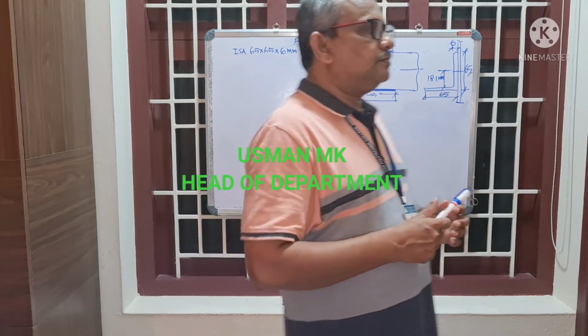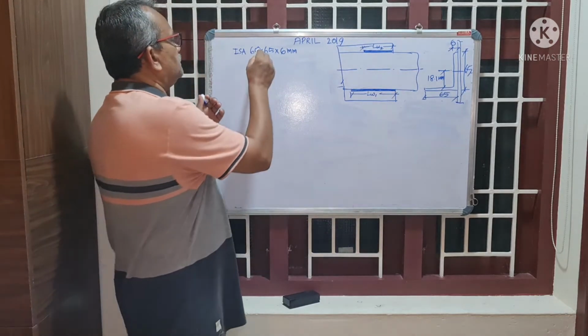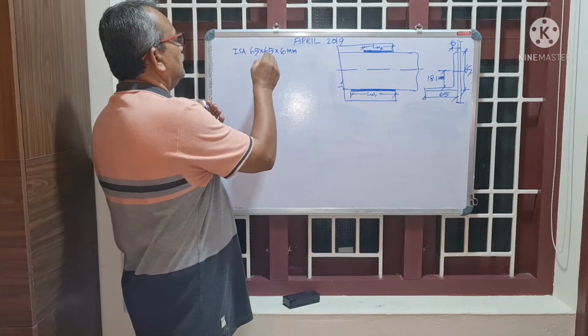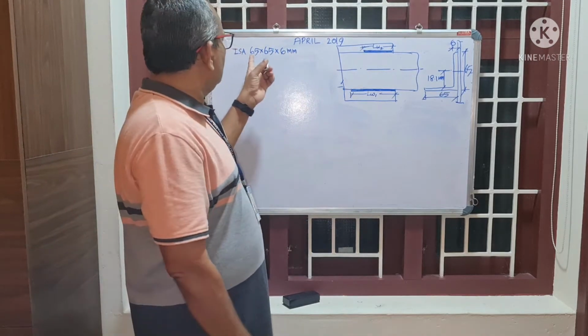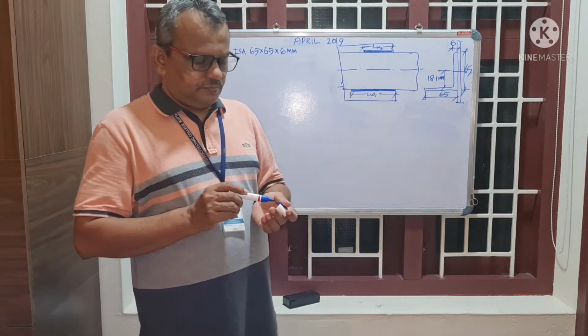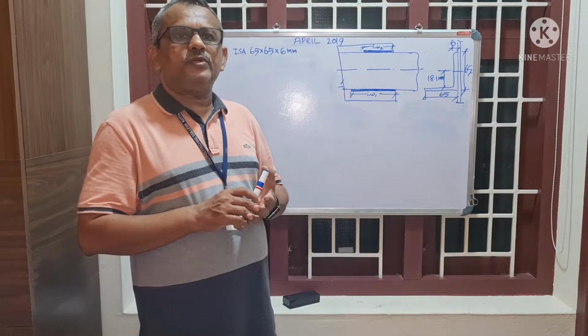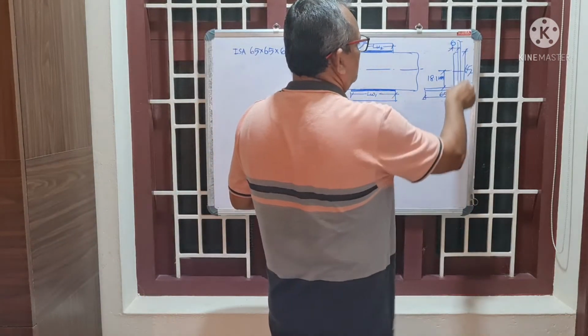consisting of an ISA, Indian Standard angle, 65 by 65 by 6 mm. Length 65, breadth 65 and thickness 6 mm, is welded to a gusset plate of 8 mm thickness. You see, this is the gusset plate.